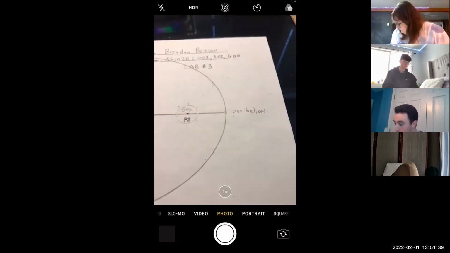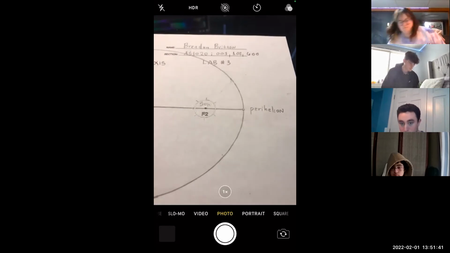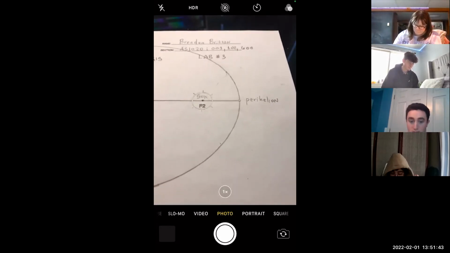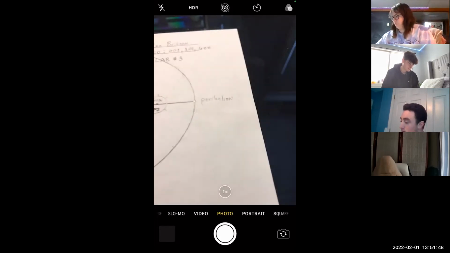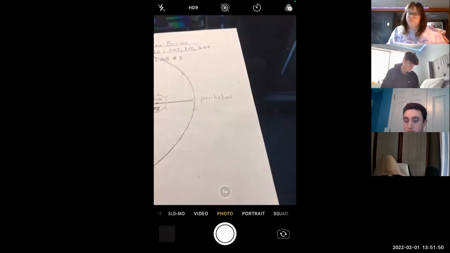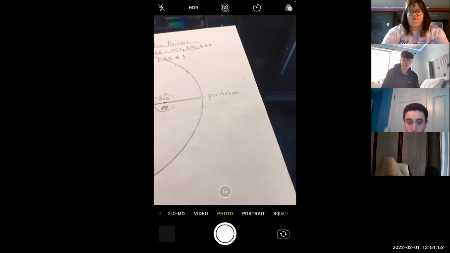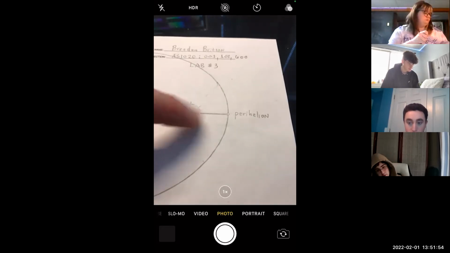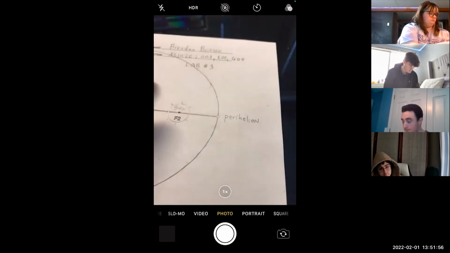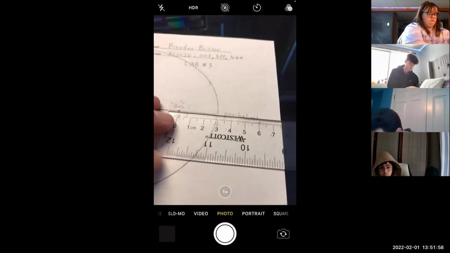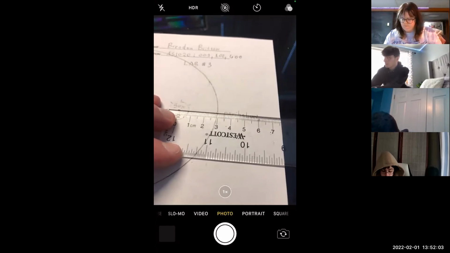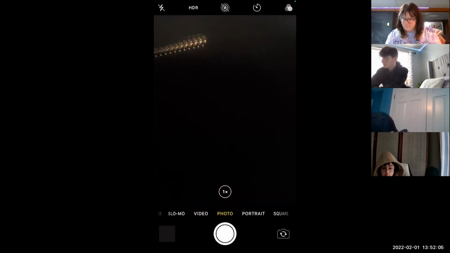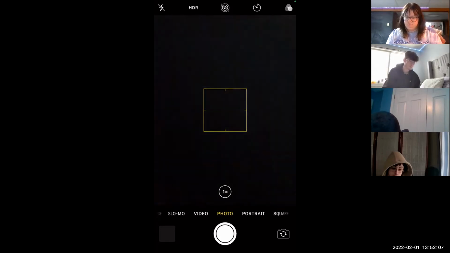Do you guys know how to measure perihelion? What do I measure from and to? It's from the focus point to the perihelion point. Yeah, to the perihelion point. So let's see, making sure to use the centimeter side. Don't screw that up. Okay.